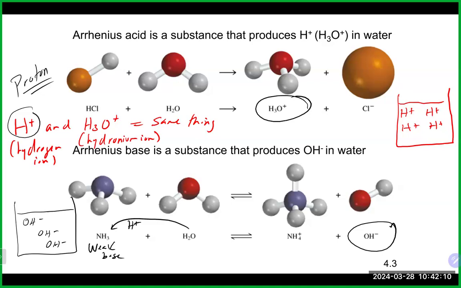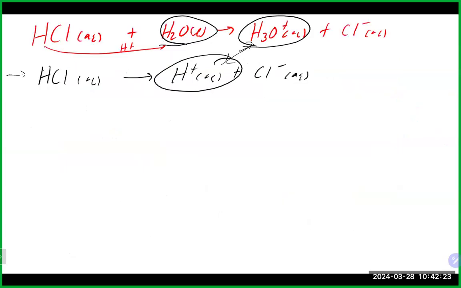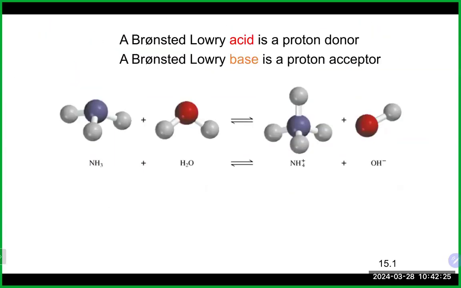If you see hydroxide on the right-hand side of the arrow, that is definitely a basic situation, and you should be doing some type of basic calculation. So these equations are important to know how to write correctly, and they also give you some important information.